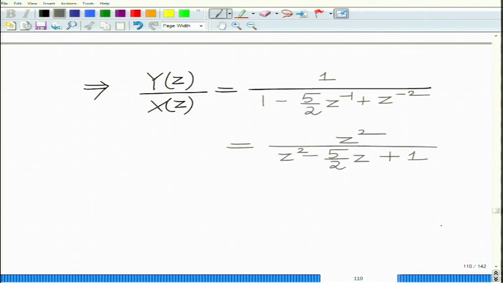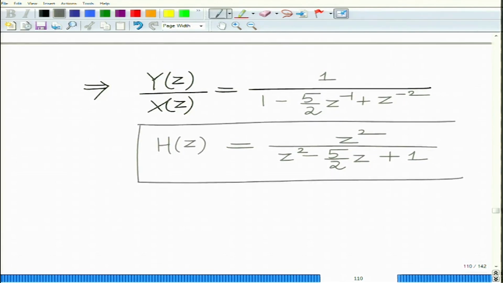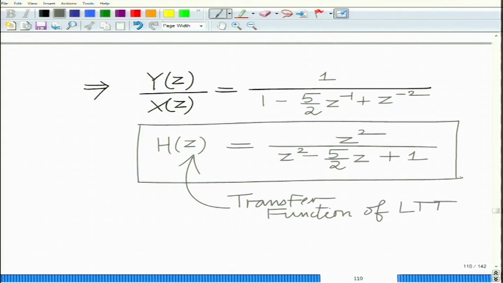And this is basically Y(z) by X(z), which is the transfer function, that is the Z transform of the impulse response, the transfer function of the LTI system.